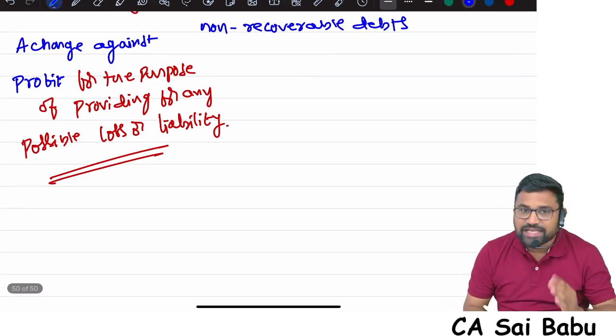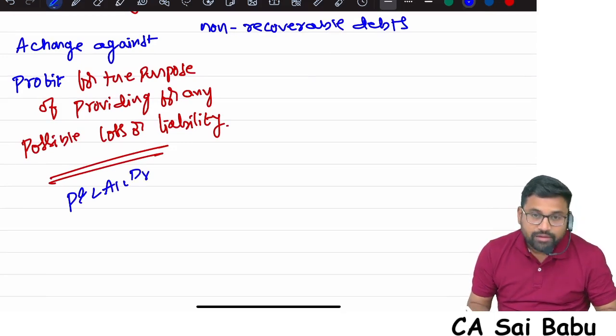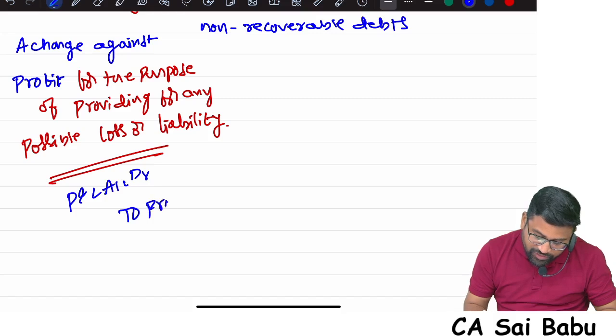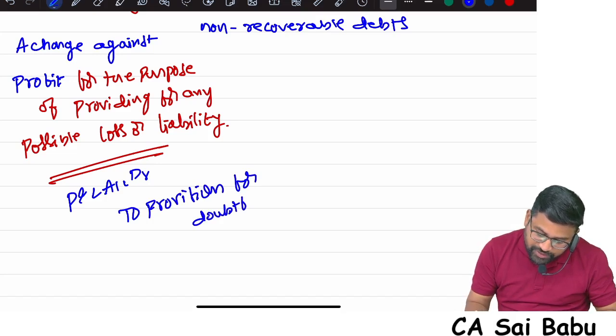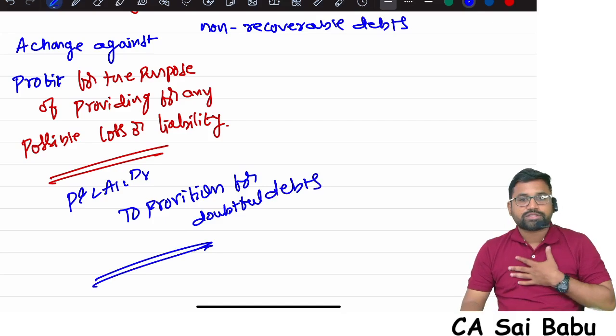Since it is a charge against profit, P&L account will be debit. Provision for doubtful debts account will be credit. That means some of your profits will be charged against this. So the entry is P&L account debit to provision for doubtful debts.